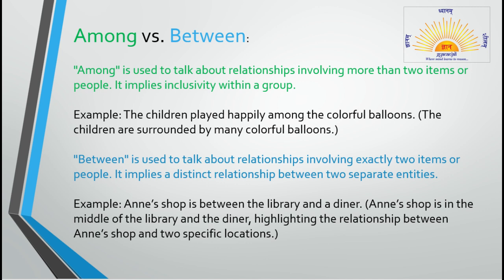So here, Anne's shop is in the middle of the library and the dinner, highlighting the relationship between Anne's shop and two specific locations. So, when I have to say that a specific thing is located between two cities, then I would not be using among, because there I am talking about two cities, not many cities.